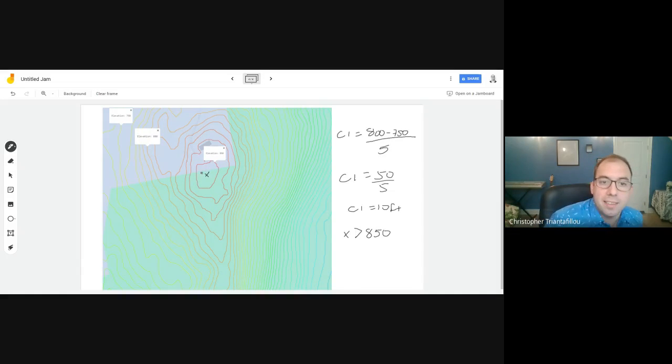But we know it's not going to be 860, because if it was 860, there would be another interval line somewhere here. So we know it has to be less than 860. So it could be anywhere from 851 to 859. You get that?